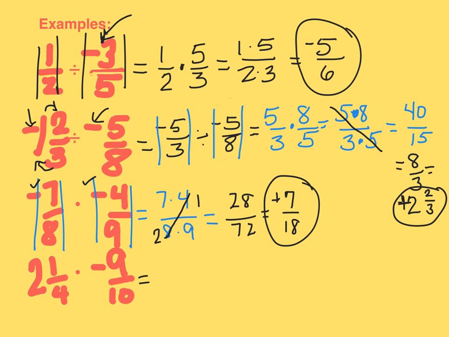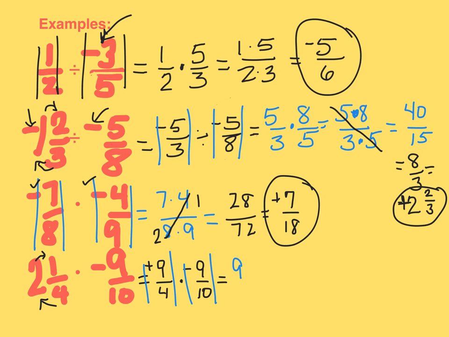Our last one down here, we've got mixed numbers. We need to take care of that. 4 times 2 is 8, plus 1 is 9. So I've got 9/4 times, and that's -9. No, it's not, it's positive, sorry. This next one is times -9/10. I keep the top with the top, and that again is my absolute values here.